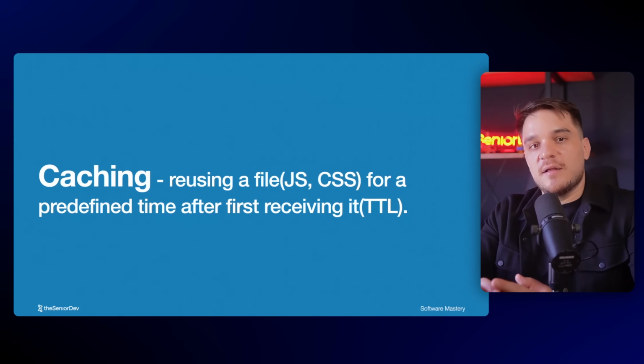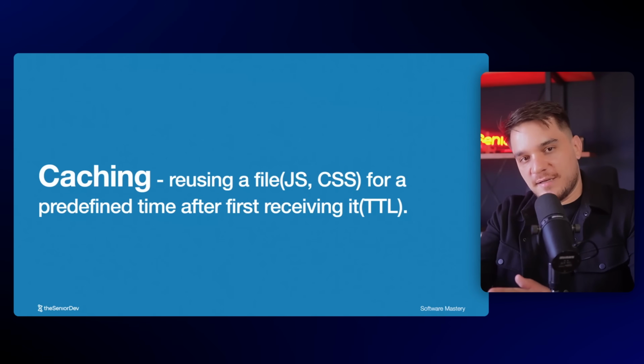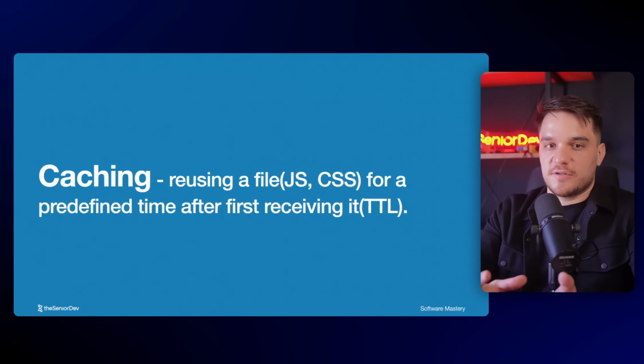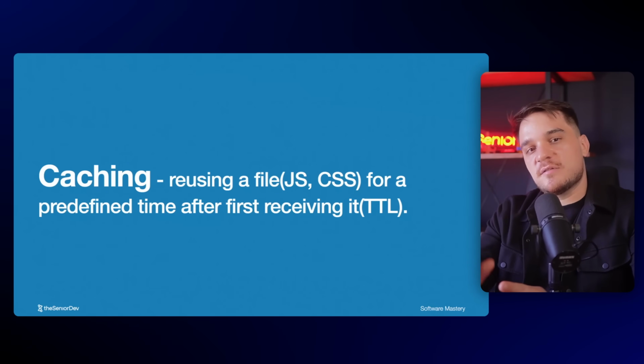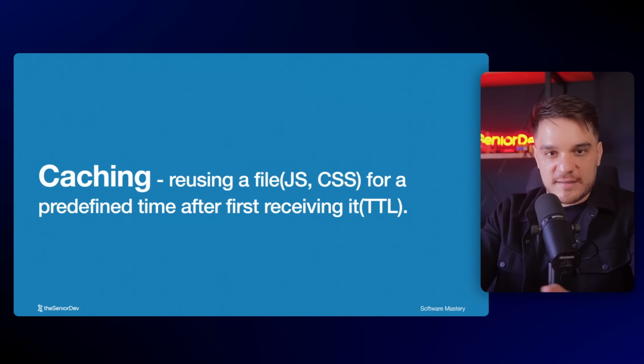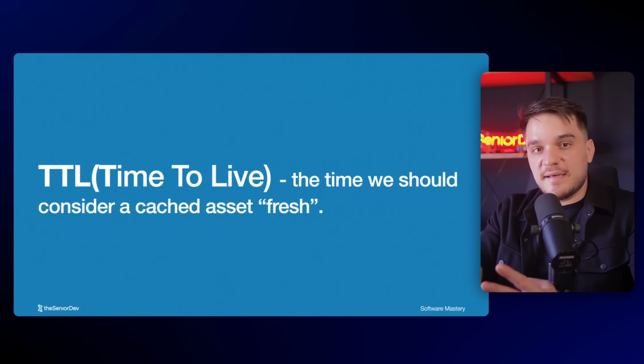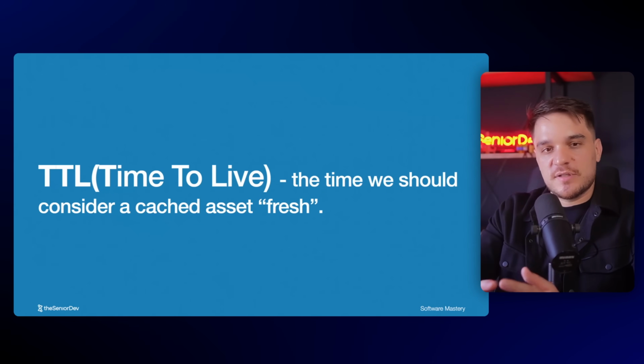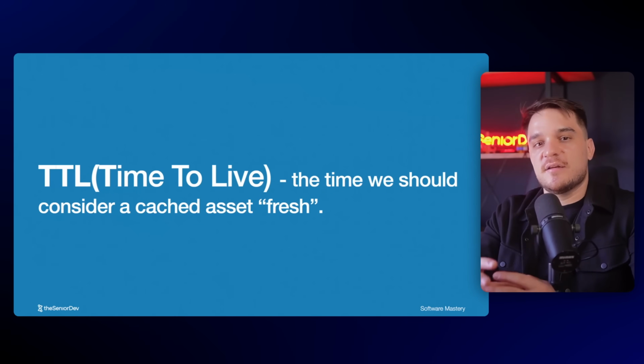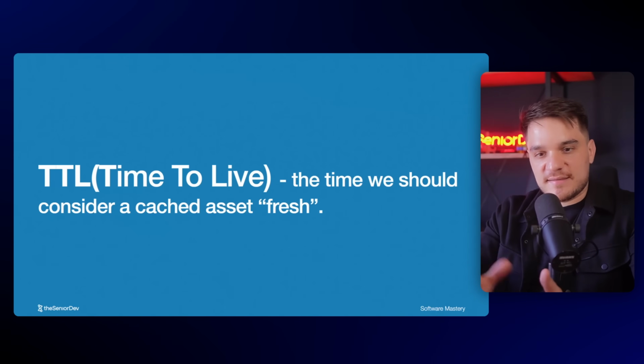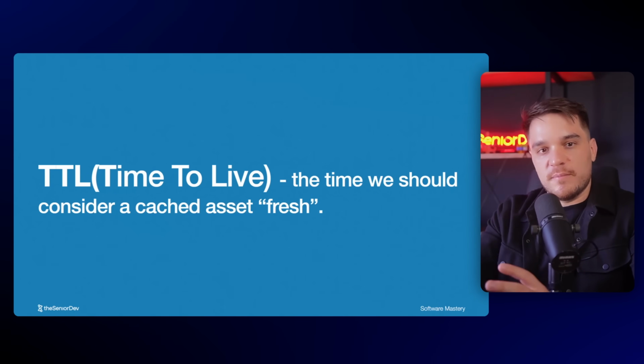That's the TTL. And so if the user tries to request that file again, we will give them the cached version. We will reuse it, so we don't need to go to the server and download that, which usually takes longer. And the TTL, as I mentioned, is the time that we should consider the cached asset fresh. You will see TTL settings at DNS caching level and in your CDN. And so now you know basically what it means.